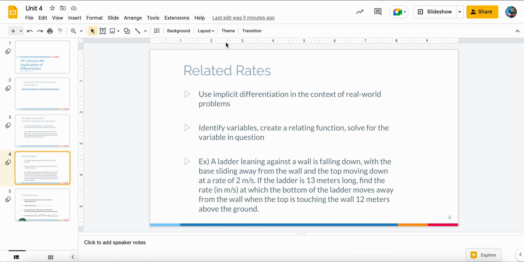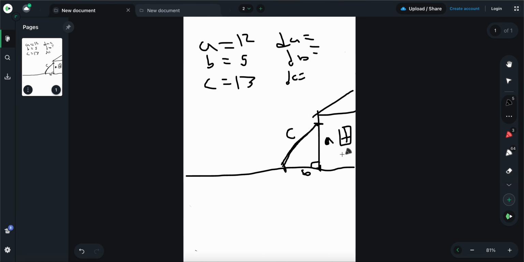And then we're also given some rates. The top of the ladder is moving down at a rate of 2 meters per second. So that's going to tell me this dA/dt, the rate that A changes over time. We're going to say -2, because A is shrinking as the ladder falls down, the top goes down, the bottom goes this way.